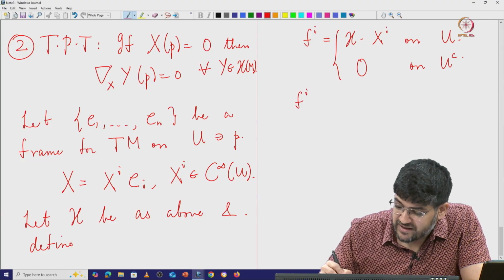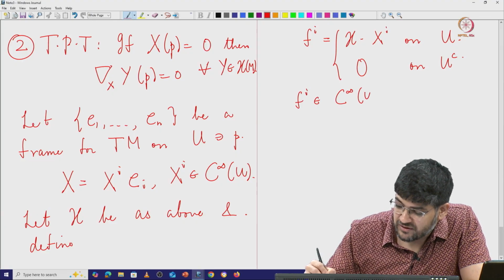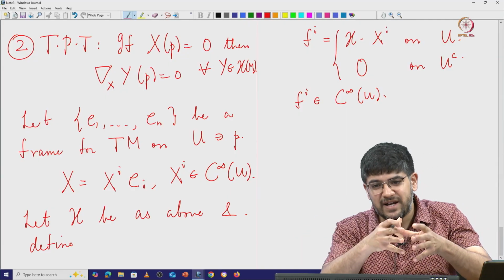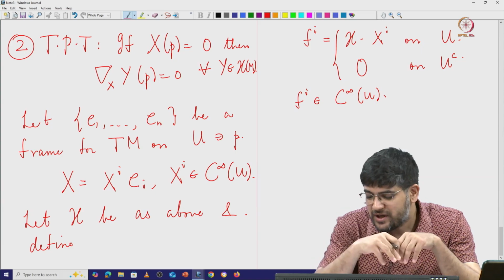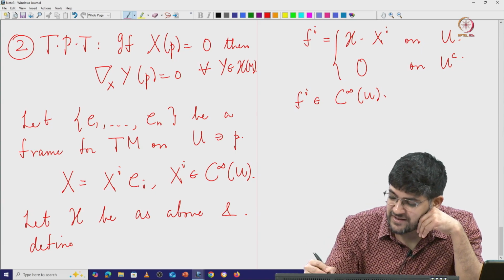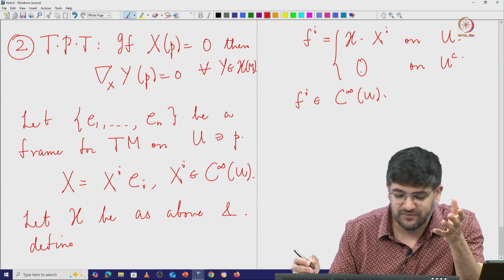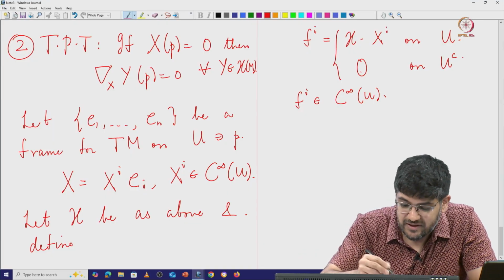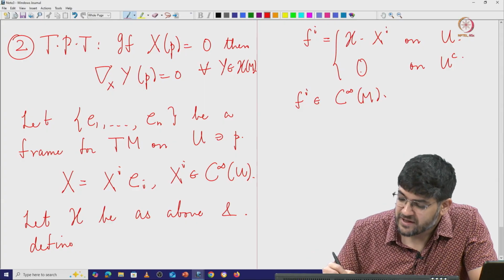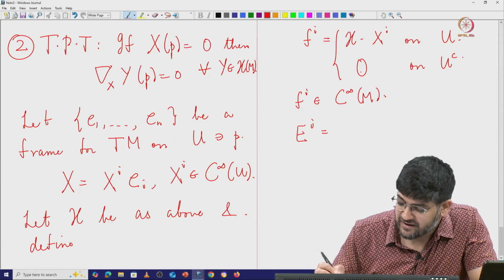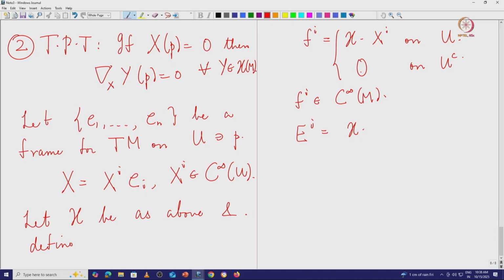Then f^i is clearly smooth, because the support of chi is contained compactly inside U. If I extend this by 0 outside U, f^i will still be smooth functions on all of M. Similarly, I define tilde e_i to be chi times this e_i on U and 0 outside.